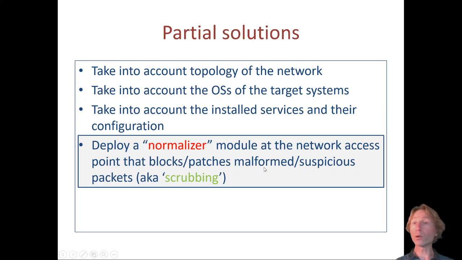So it will block malformed traffic that it doesn't know how to handle, that may have certain options. So nobody will receive this. It will reassemble the network traffic in one particular way, so that the intrusion detection system and the potential victims all have a synchronized view on what they have received.